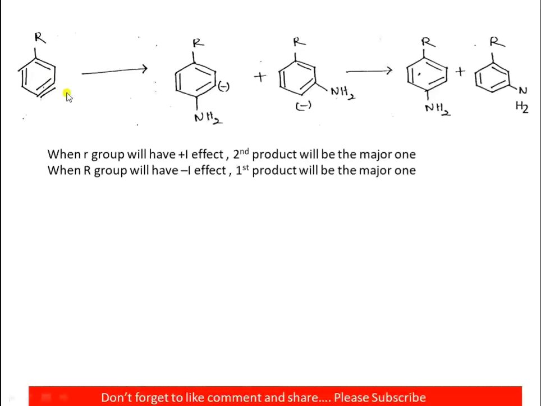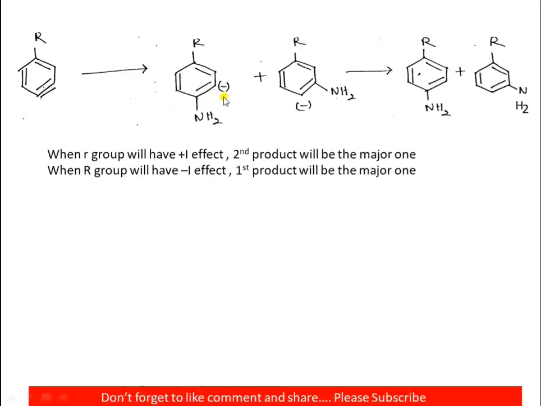In this case, if the R group in the carbanion shows plus I effect, it becomes unstable because localization of electrons occurs on the C3 carbon atom compared to the C4 carbon atom in the second product. That is why the C3 carbon atom will face more electronic repulsion than the C4 carbon atom of the second carbanion. So, the first product will be major.